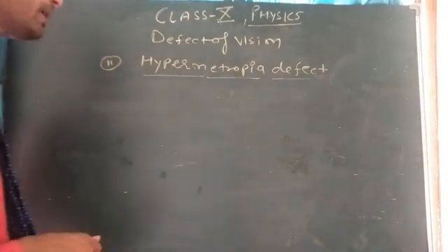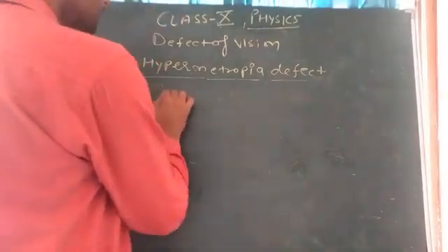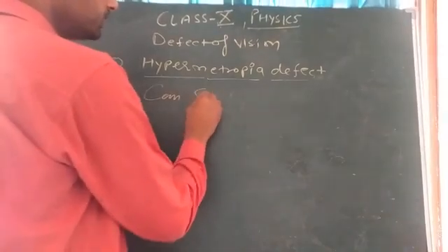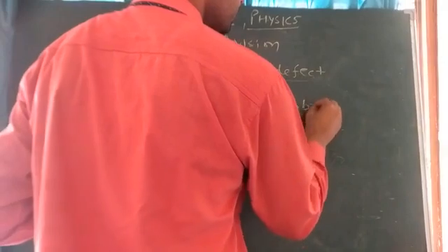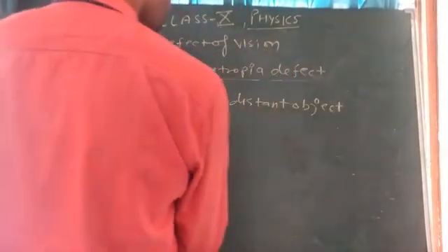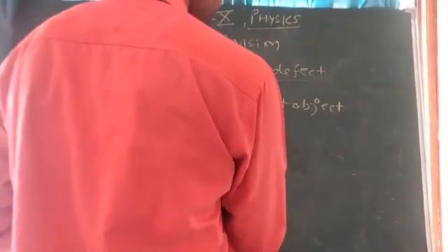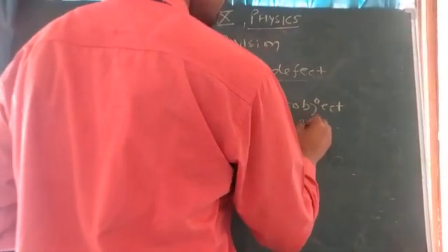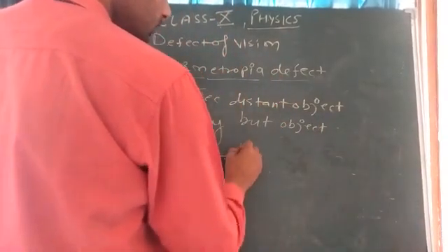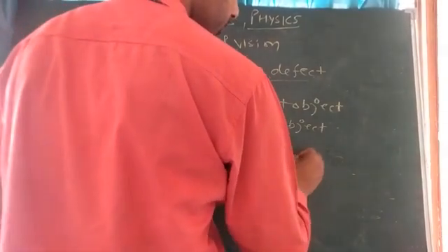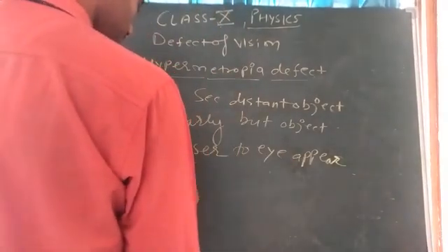So in hypermetropia defect, a man can see distant objects clearly, but objects closer to the eye appear blur.